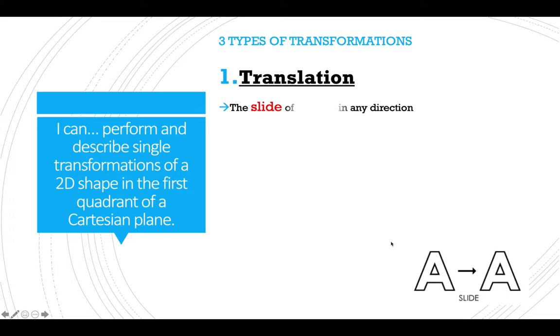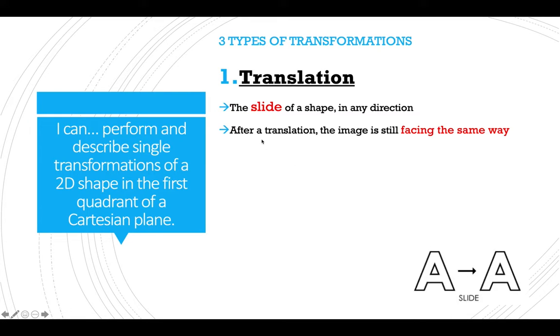A translation, as I've already said, is basically a slide of a shape in any direction. In this example, the slide has moved the original image to the right. That's how we describe it. The slide could go up, left, or down. In this case, the slide has gone right.